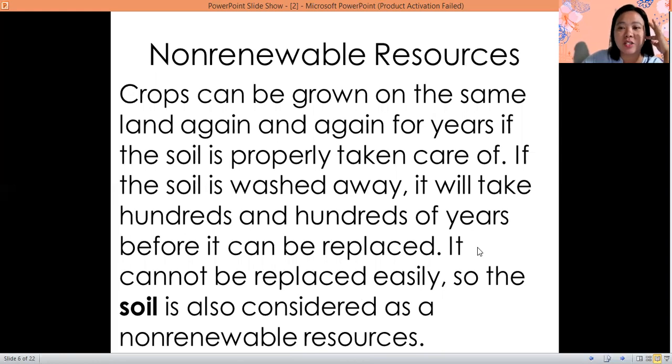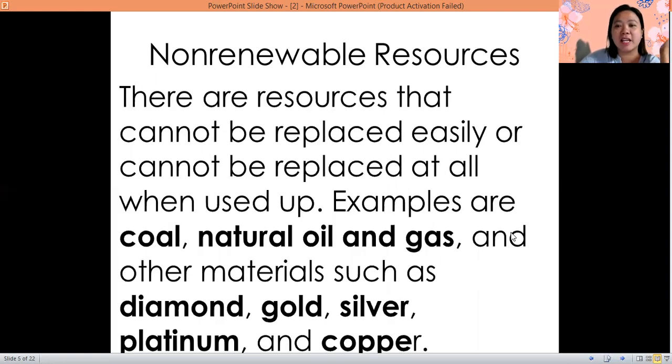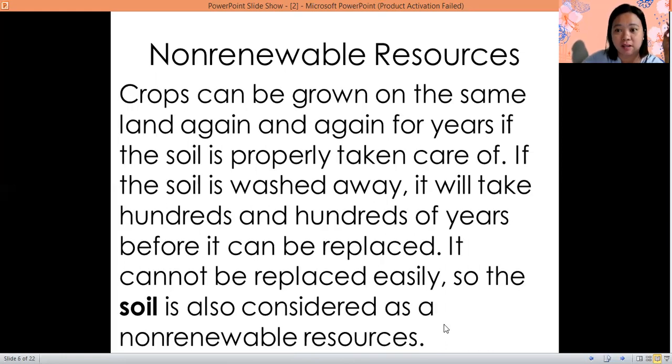So soil is also included in our non-renewable resources. Again, let's review the examples of non-renewable: coal, natural oil and gas, diamond, gold, silver, platinum, copper, and soil.